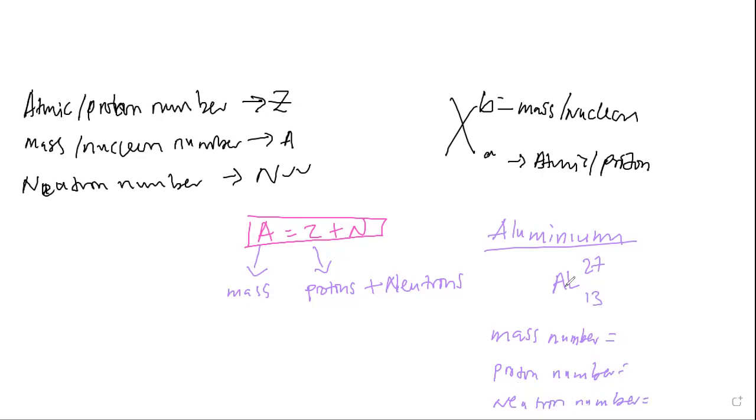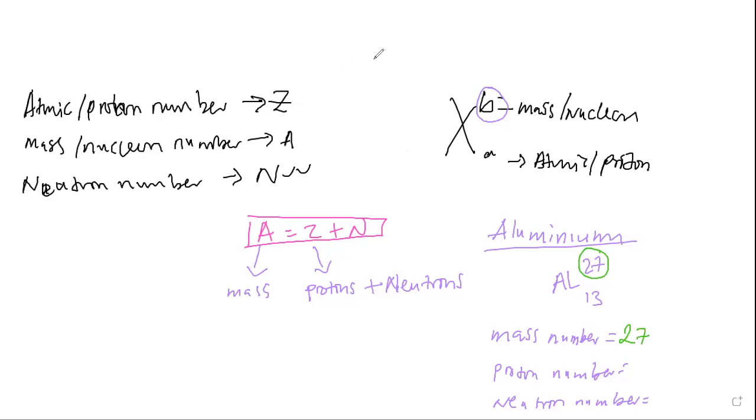Okay, so now this is the thing. Mass number: we said that in this notation, the number found on top there is the mass number. So we're just going to get this number here and write it there, 27.